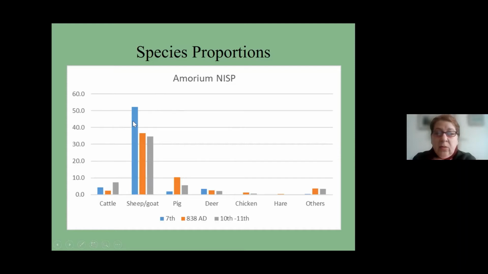It is interesting to note that during the siege and after this, the sheep and goat reduces. The place of this reduction is taken by pig.